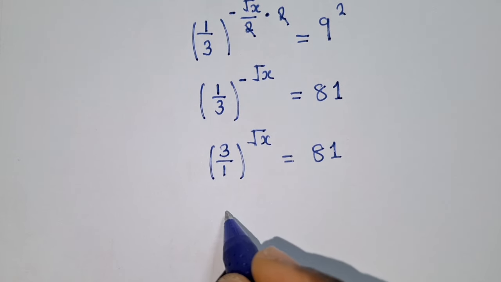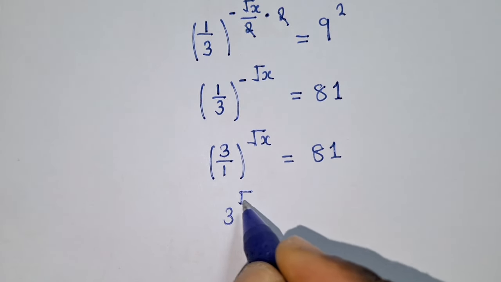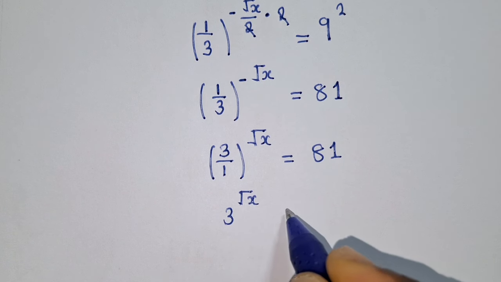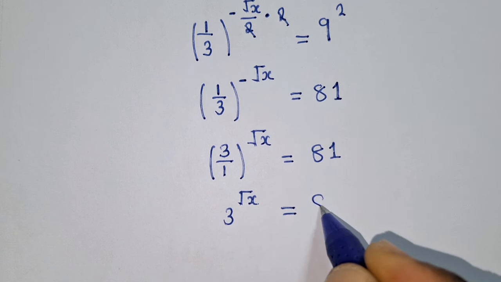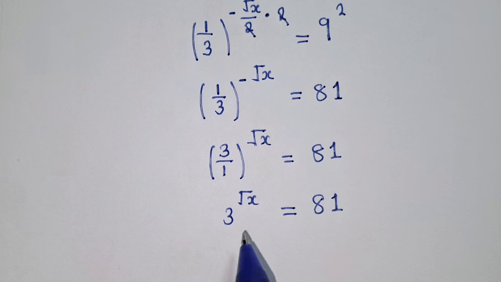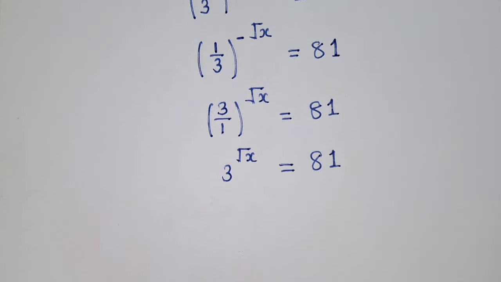And then from here, we can say 3 power square root of x is equal to 81. You see the way it is, 1 into 3, it will just be a 3.